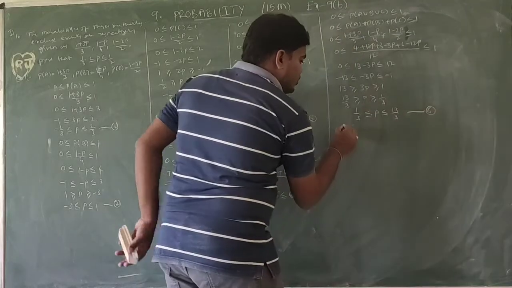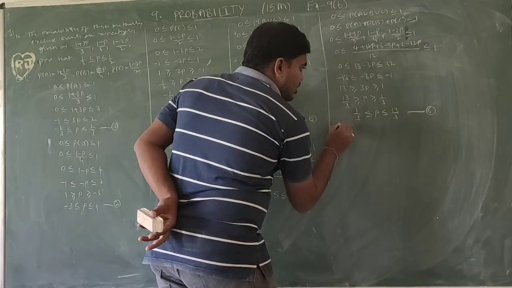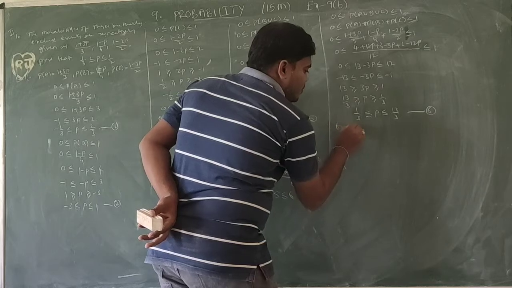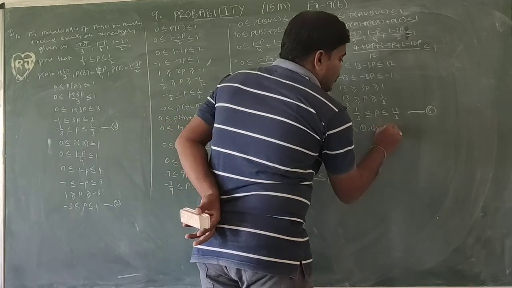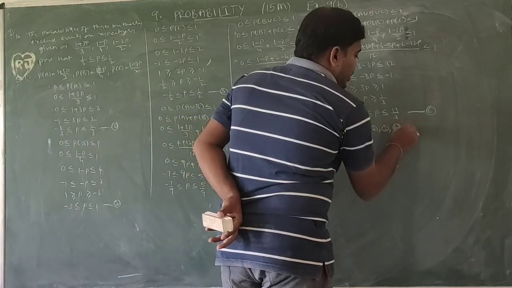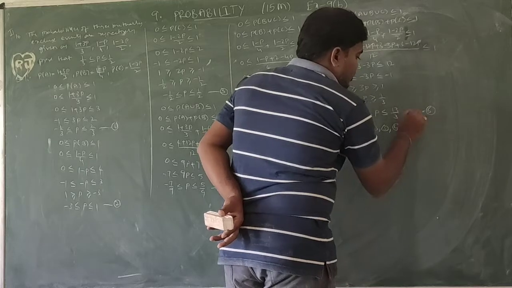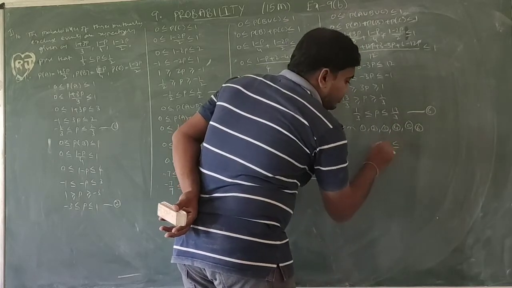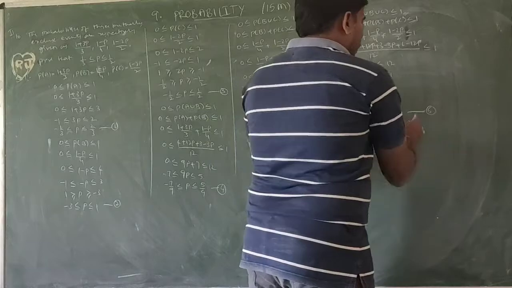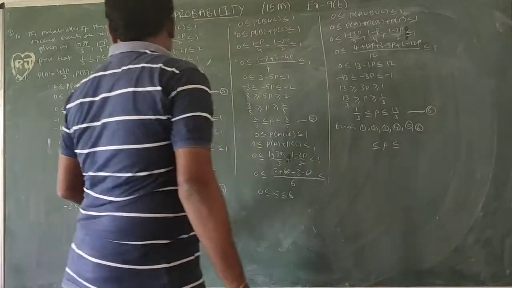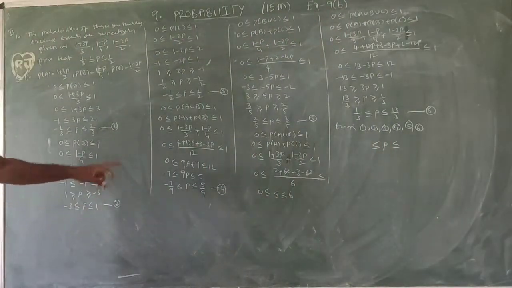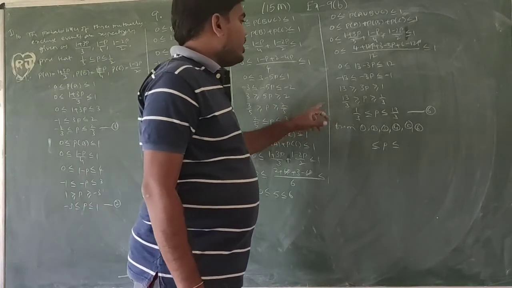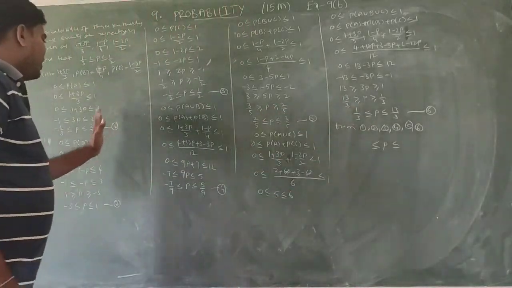So now, observe all these: 1, 2, 3, 4, 5 and 6. I want to take the right sides.